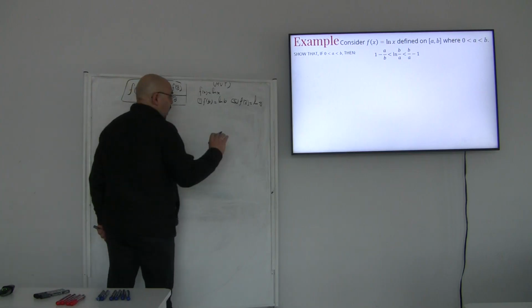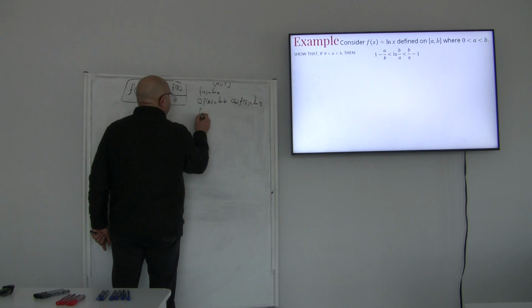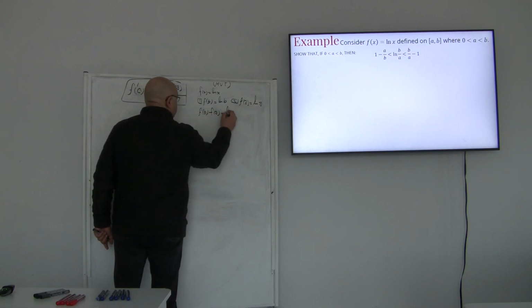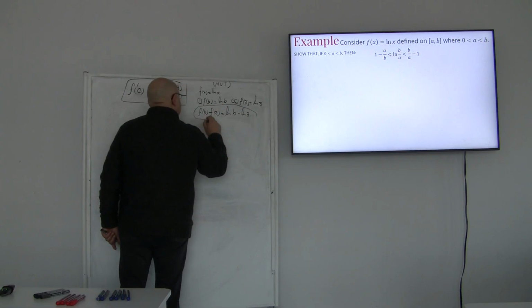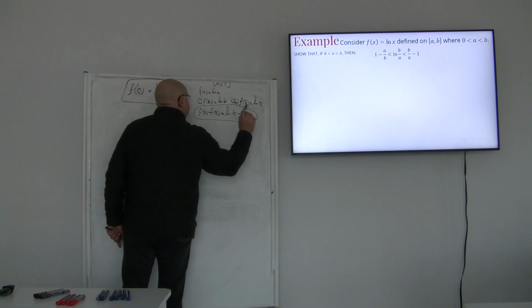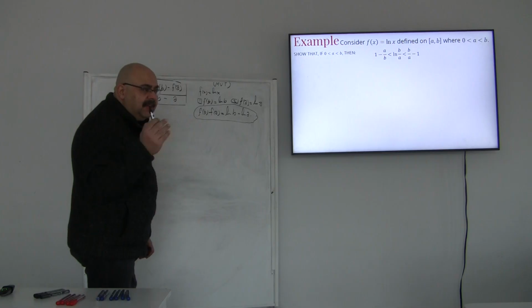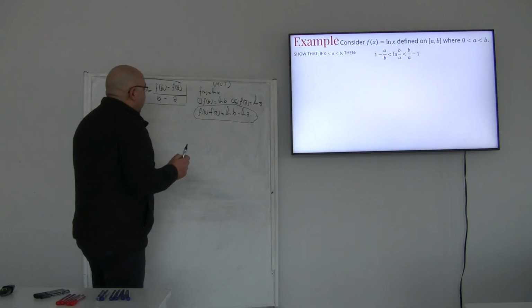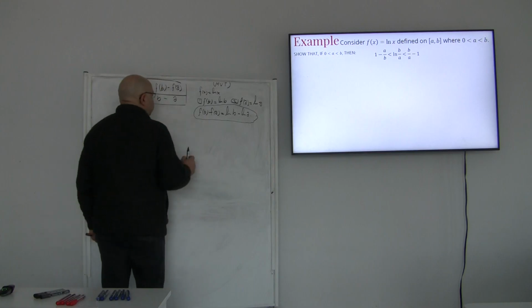Then I will prepare the numerator of this relation, which is f of b minus f of a, which is going to be ln b minus ln a. This relates to properties of the logarithmic function, but I will leave it for right now. And I also have the denominator, which is b minus a.